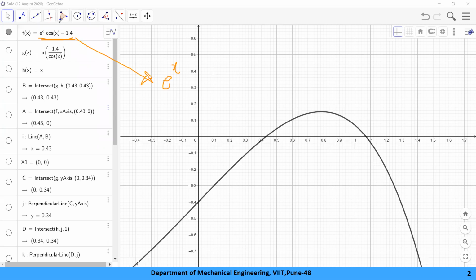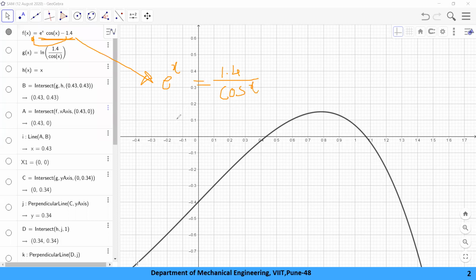So what I'll do, this 1.4 I'll take onto the left hand side. 1.4 positive बन जाएगा. Then I'll take this cos(x) onto the left hand side, so it will become 1.4 divided by cos(x). So e^x = 1.4 / cos(x).